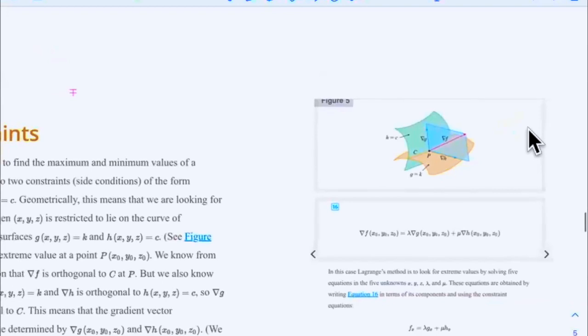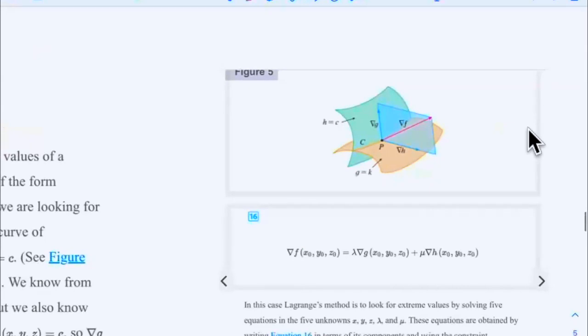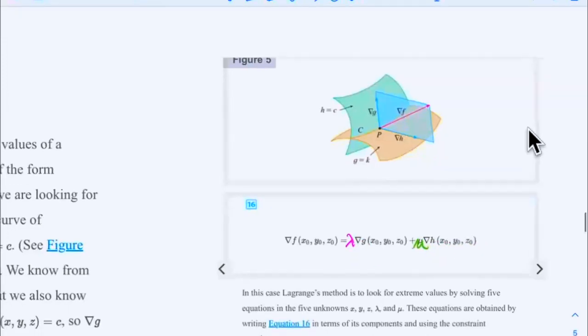This time, the gradient of the function that you try to find the maximum or minimum of is equal to lambda times the gradient of g plus there's another one, here's mu, times the gradient of h. You have 2 constraints, the g and the h. Then this time it's going to be lambda times gradient g plus mu times gradient of h, okay.